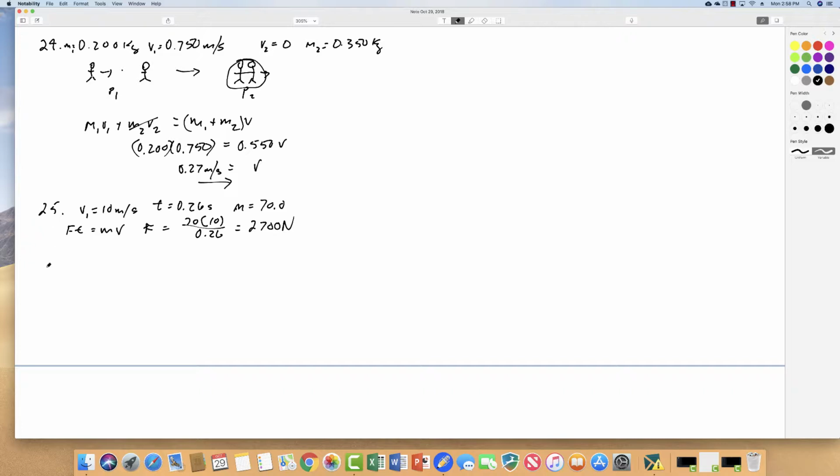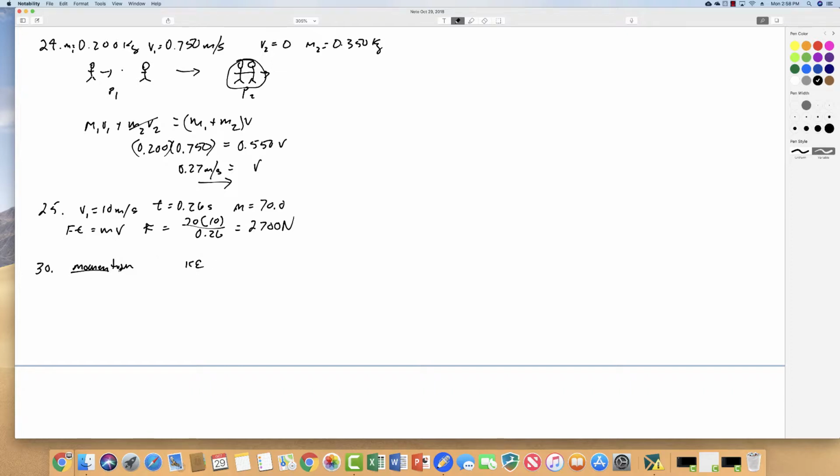Now, number 30 is where things start getting a little more exciting. What we start talking about with number 30 is something called elastic collisions in two dimensions. Elastic collisions state the following. If something is called elastic, what that means is that the momentum is conserved and the kinetic energy is conserved.